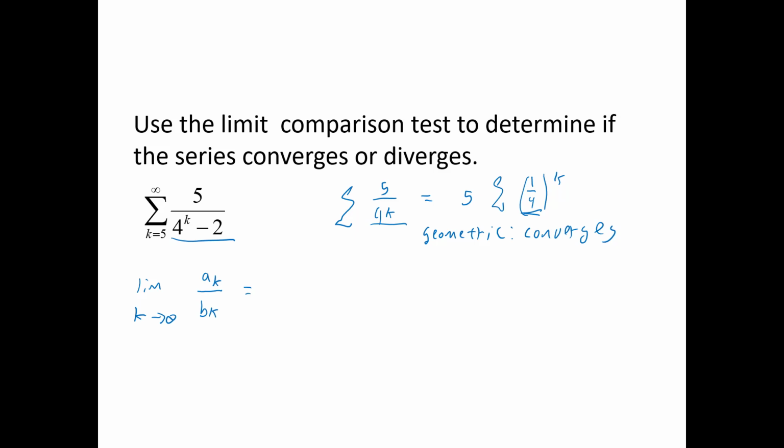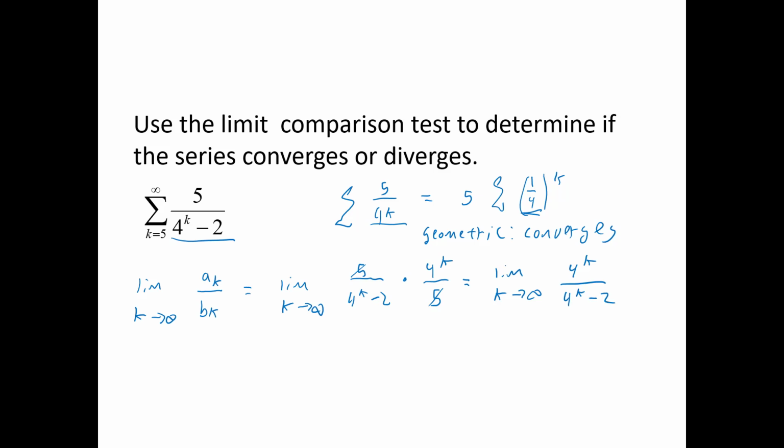So then this will be the limit as k goes off to infinity of 5 over 4 to the k minus 2 times the reciprocal of 4 to the k over 5. These go away. And then what you have is the limit as k goes off to infinity of 4 to the k over 4 to the k minus 2.